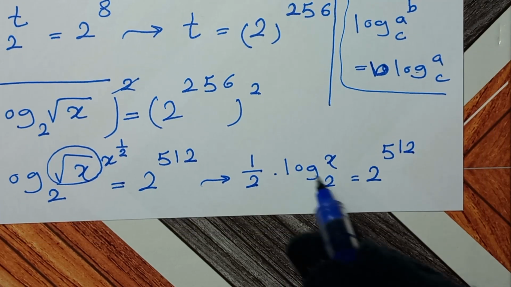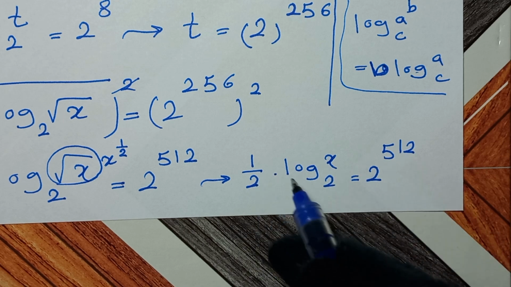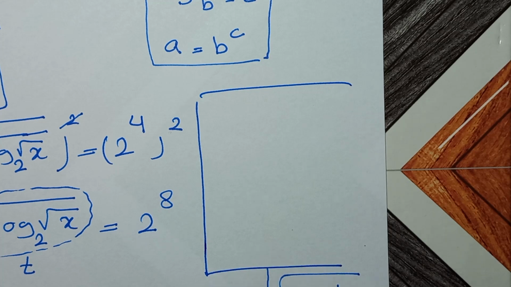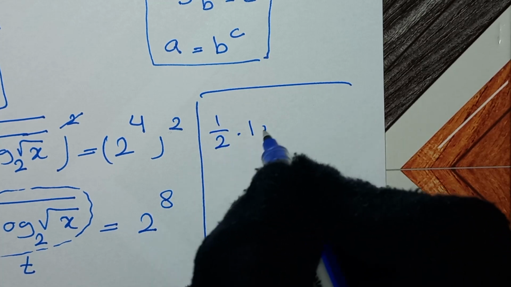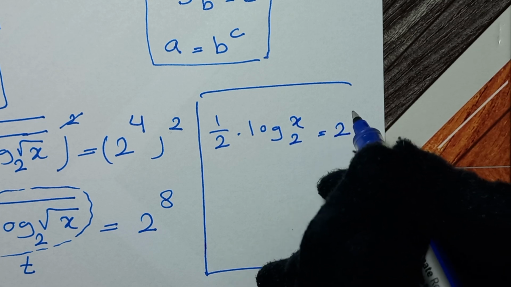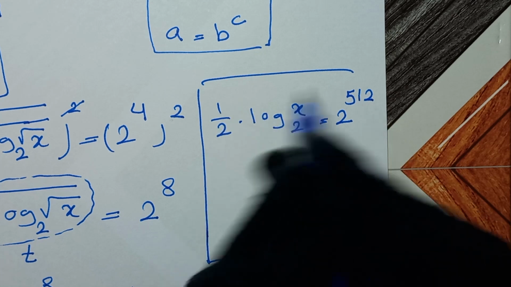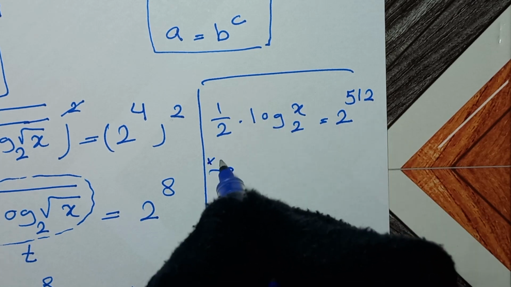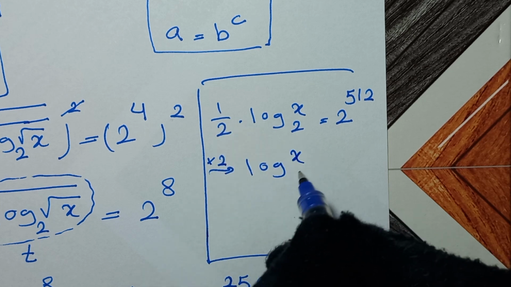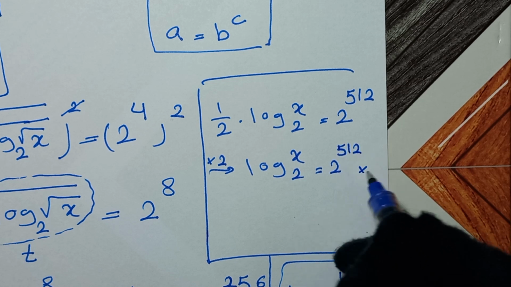And we want to find the value of log of x to base 2, right? So we multiply both sides of this equation by 2. This times 2 will be 1, so log of x to base 2 is equal to 2 to the power of 512 times 2.